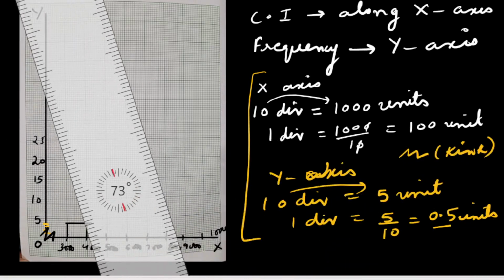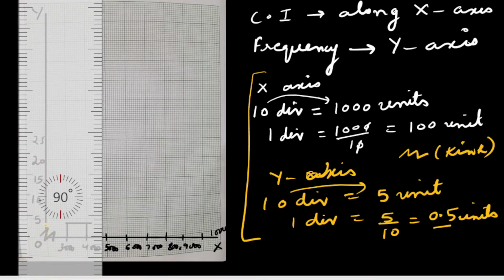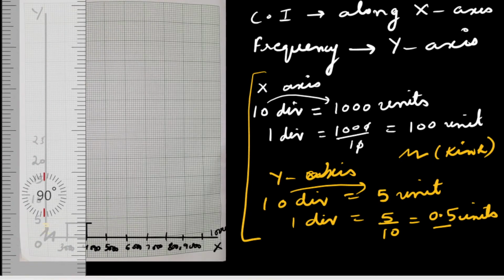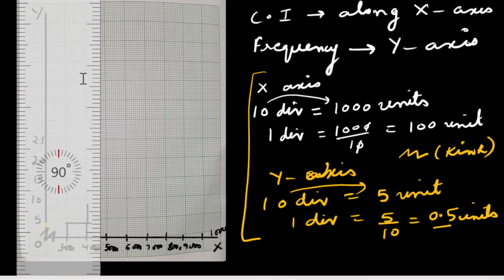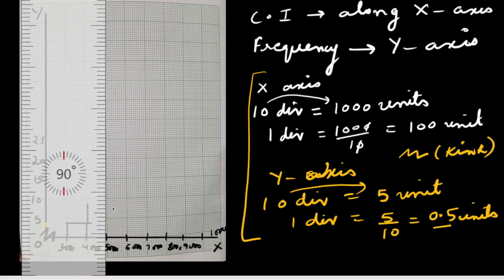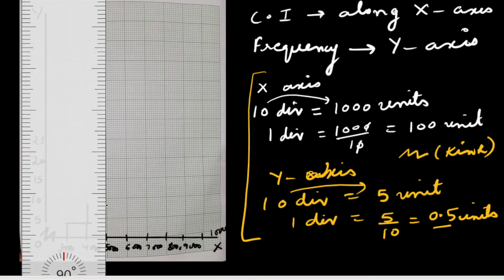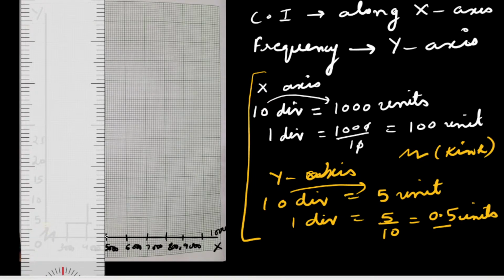Then 9. 4000 to 5000, it's 9. So 9 again is two divisions below 10. Two divisions below 10, you have to draw it because the graph scale is 0.5. So two divisions will make 1 unit.